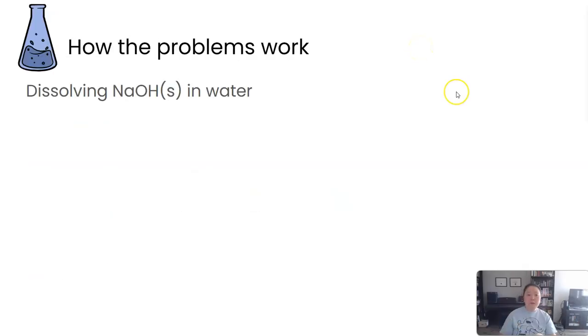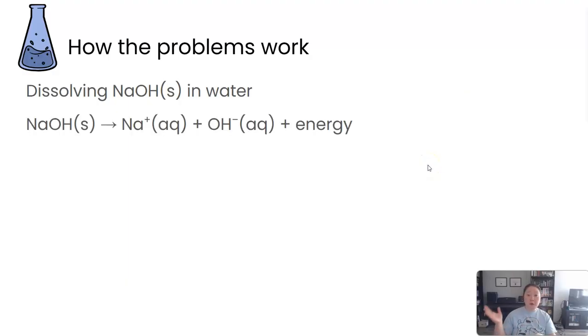As an example, we're going to take some solid sodium hydroxide and we're going to dissolve it in water. When you do this, your sodium hydroxide is going to dissociate and form the ions in solution. And this particular process, where you're going from that solid to the ions in solution, will release energy.